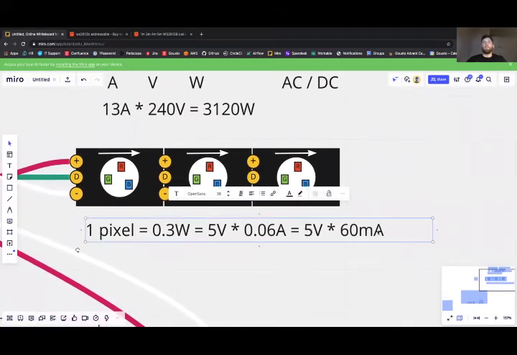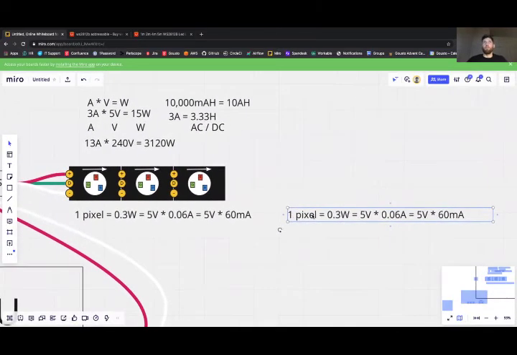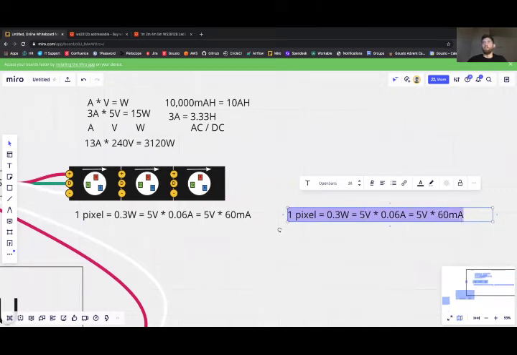So that means that roughly each of the channels in there is responsible for 1/3 of these 60 milliamps. So 20 milliamps per channel.